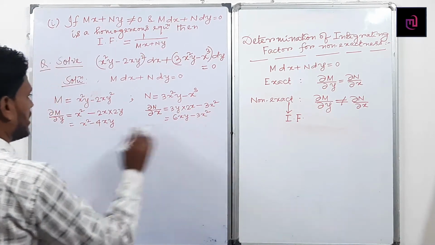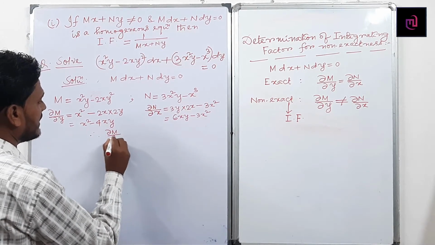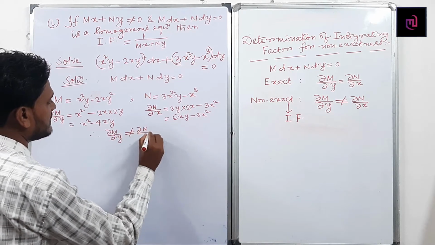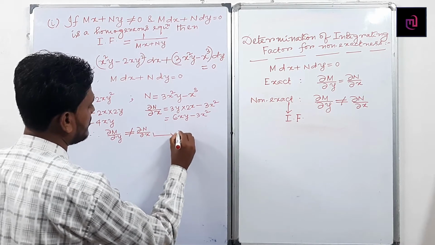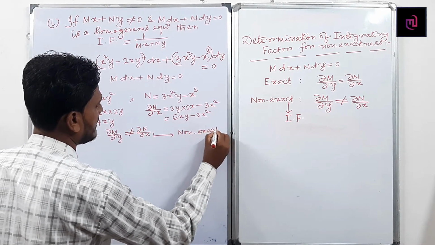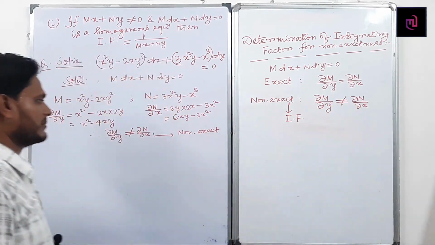All of you verify it. del M by del y not equals to del N by del x, so this is non-exact.